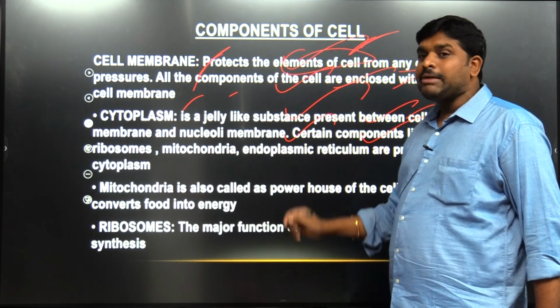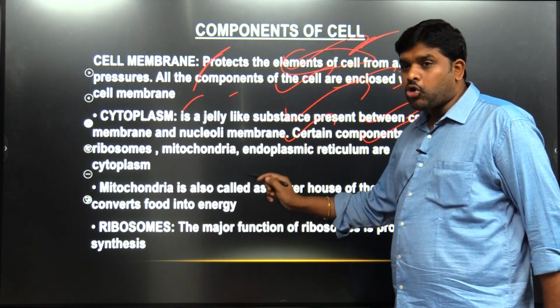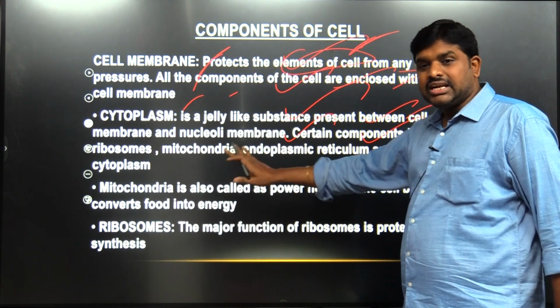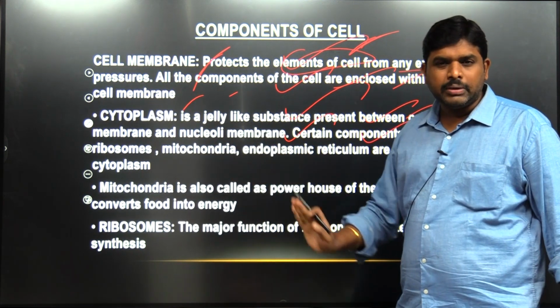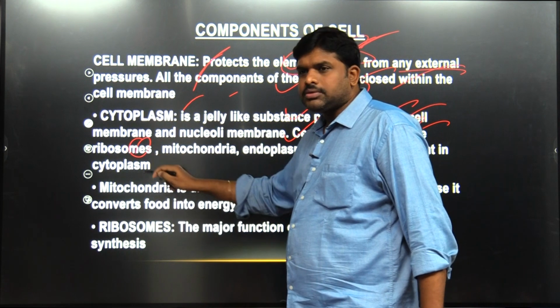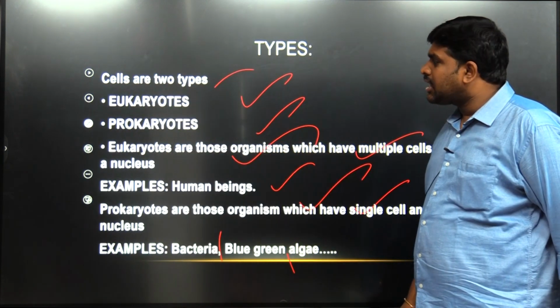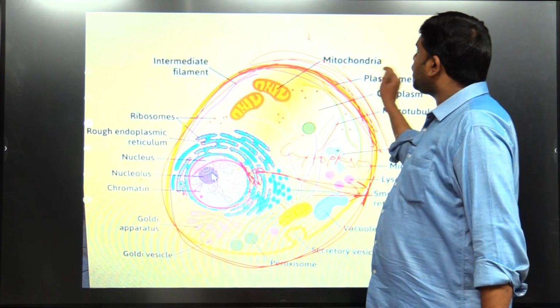Certain components like ribosomes, mitochondria and endoplasmic reticulum are present in the cytoplasm. These are the most important.